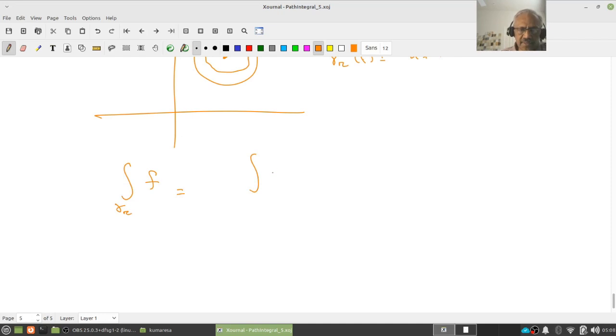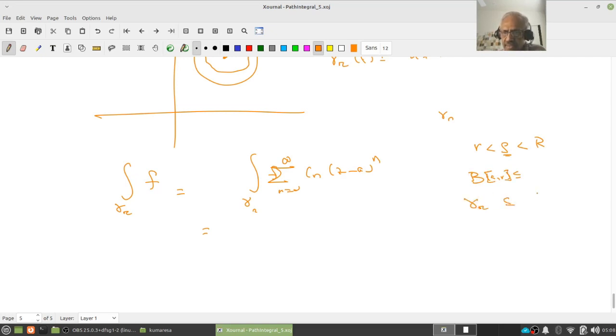This is the same as the integral over gamma of the summation Cn (z minus a) to the power n from 0 to infinity. Now notice that gamma r is completely contained. If I choose an r less than rho less than capital R, the closed ball B(a, r), in particular the circle gamma r, is contained in B(a, rho).